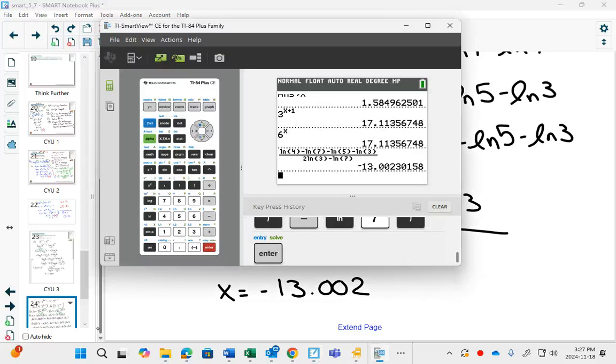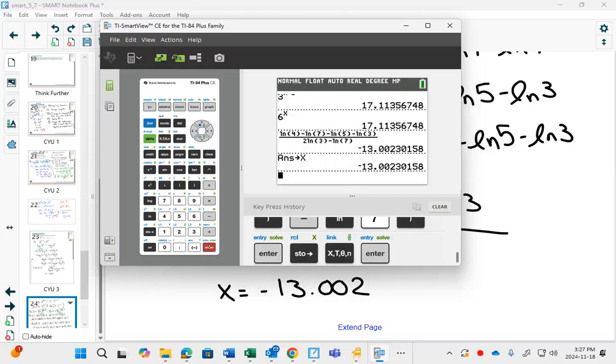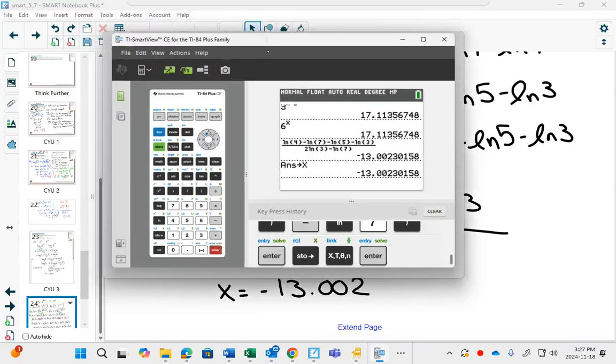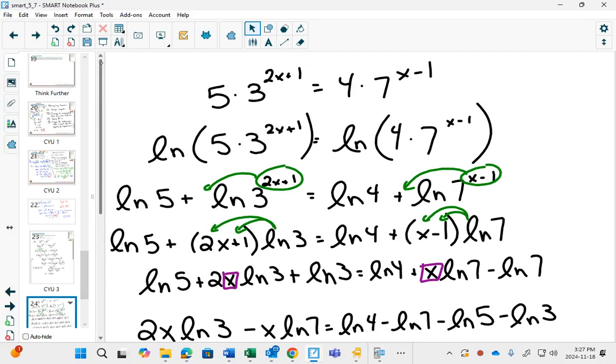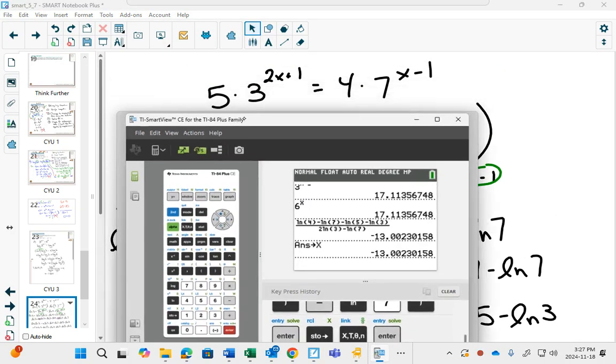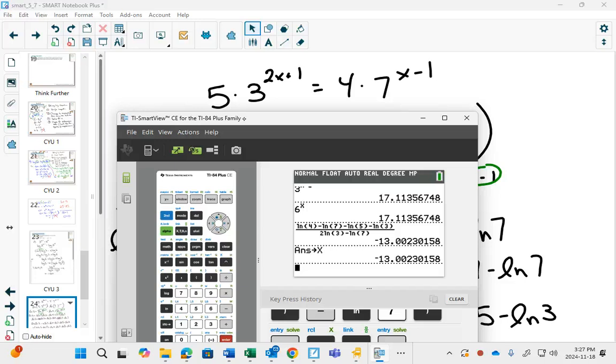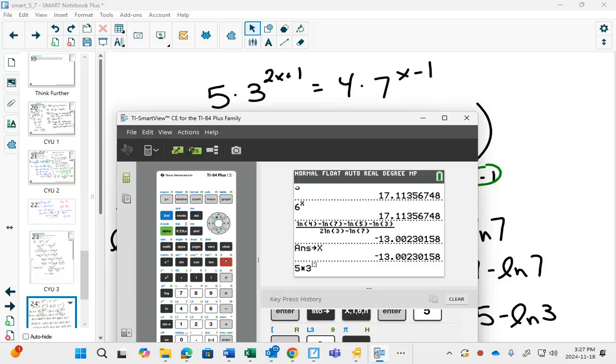I'm going to store this as x and go back to my original equation, which I had written at the top. So on the left-hand side, I had 5 times 3 to the exponent of 2x plus 1.